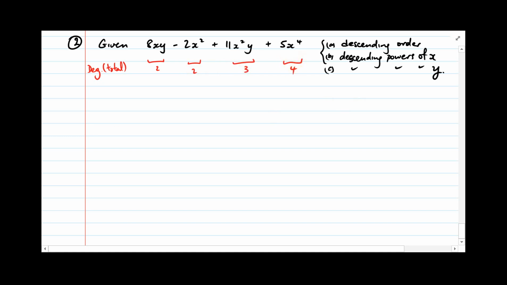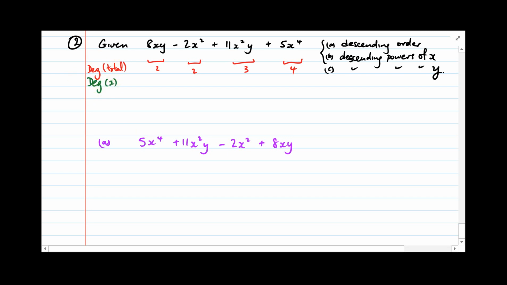So giving myself room, the solution for part A would be 5x^4, highest power term, 11x^2 y. Dictionary order would be xx before xy, so 2x^2 plus 8xy. And that's done.